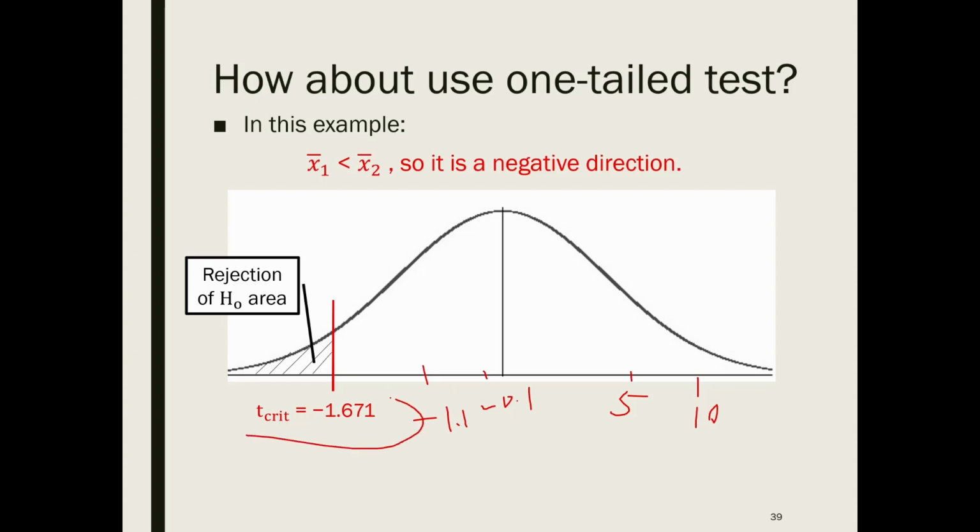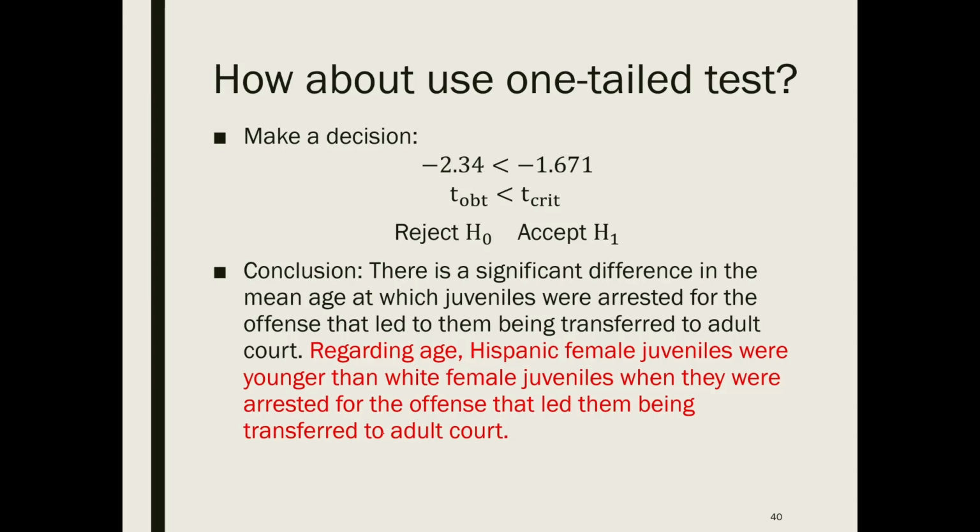Anything that is less than negative 1.671 is going to be our rejection decision maker. The T obtained is not going to change. It will be negative 2.34, which is less than this T critical. So what is our conclusion? Very simple, right? Our conclusion is to reject the null hypothesis and accept the alternative hypothesis.